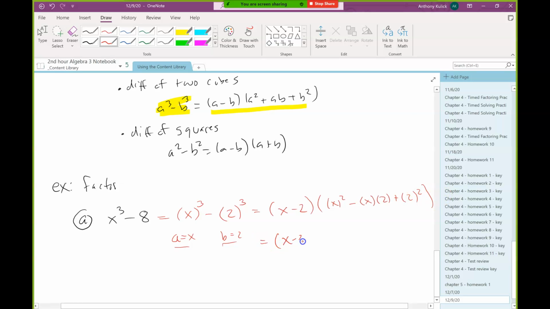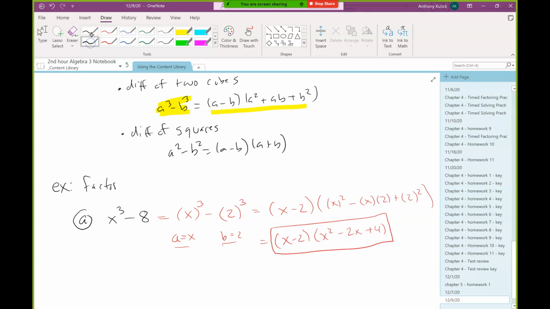And then we'll just clean things up a little bit. x squared is just x squared. x times 2 is 2x. And 2 squared is 4. So there's my final answer.